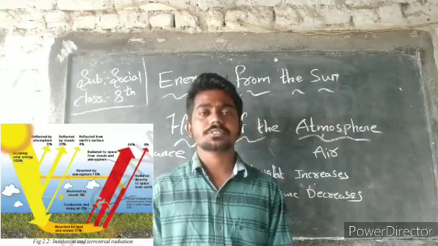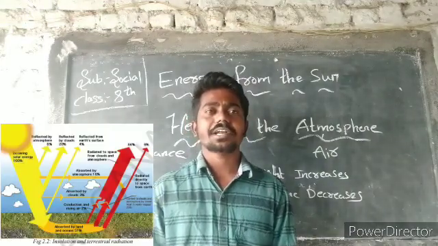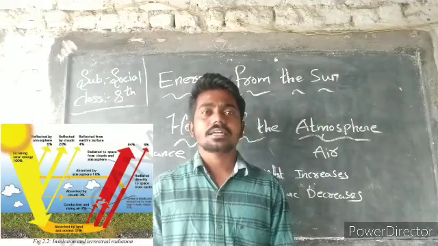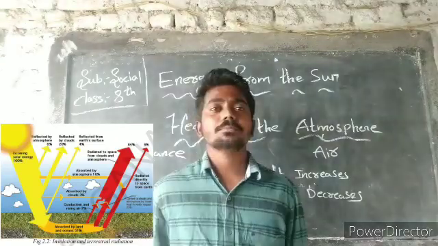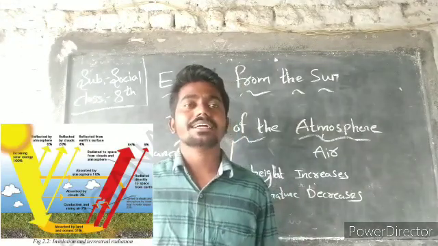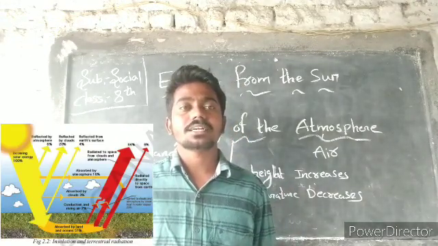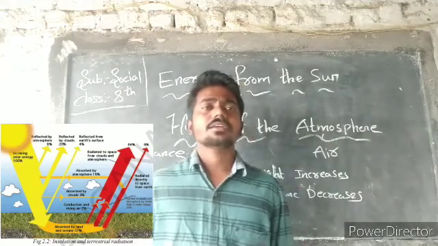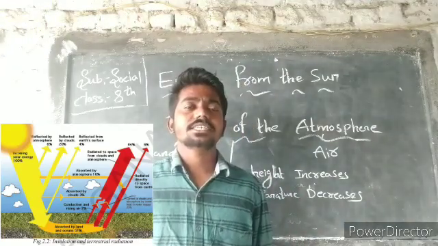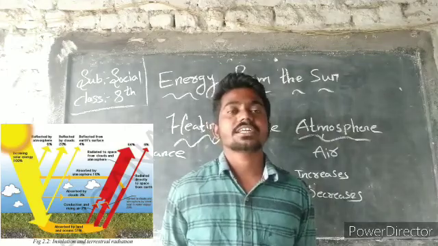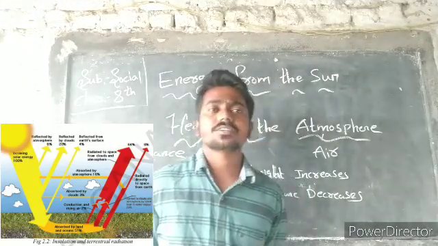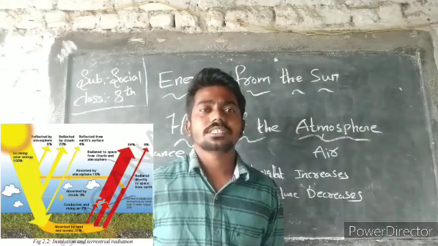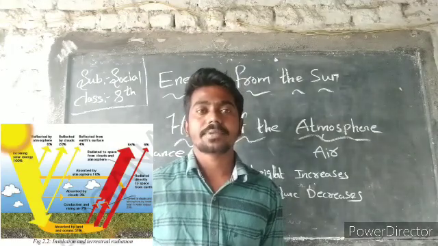They have given the picture about that: how much is radiated back, how much the clouds are taking, etc. That portion is reflected back towards the atmosphere. The remaining sun rays will heat the earth surface, which in turn heats the atmosphere.